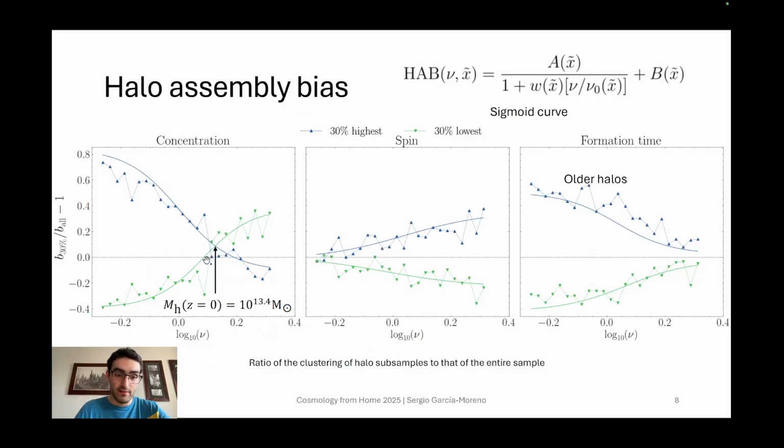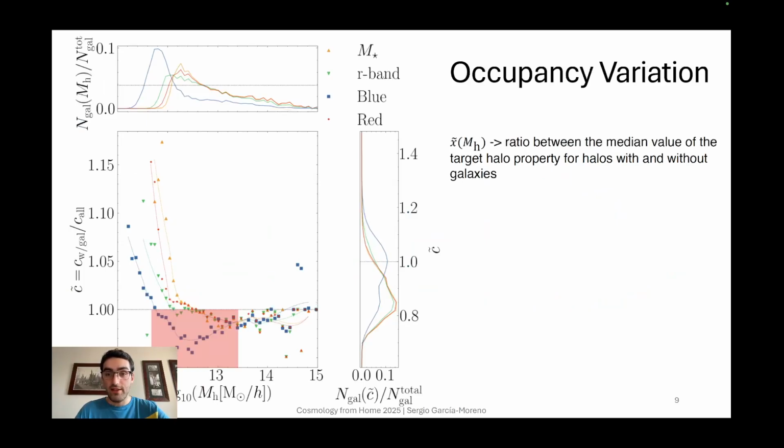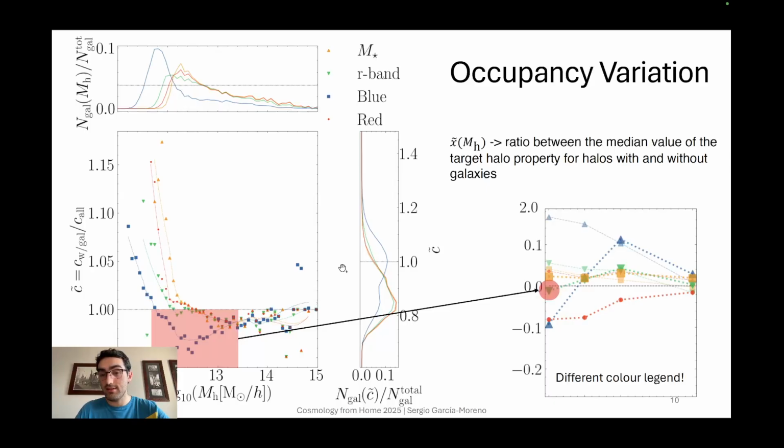That, combined with the lowest value of the concentration halo assembly bias curve, is hinting at a negative galaxy assembly bias. Then, if we look at the corresponding galaxy assembly bias measurement panel, we can see that that is indeed what happens.